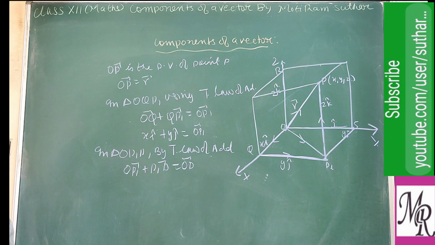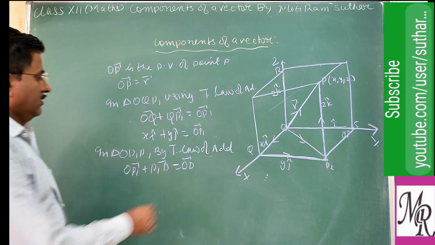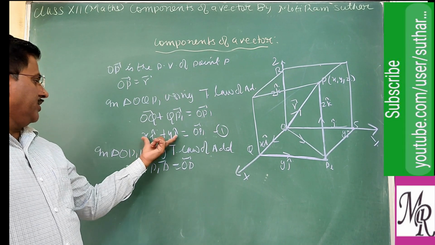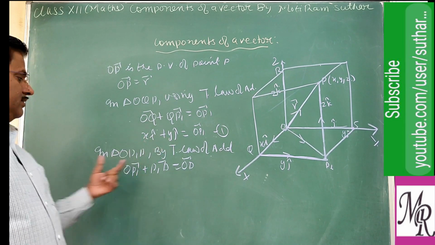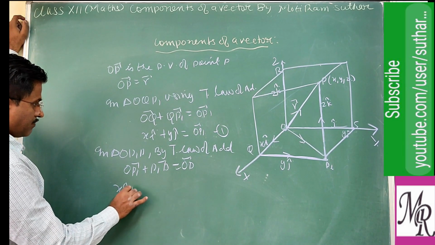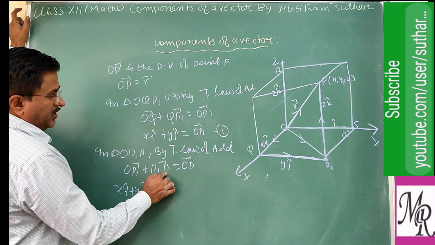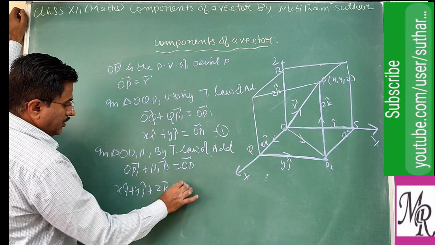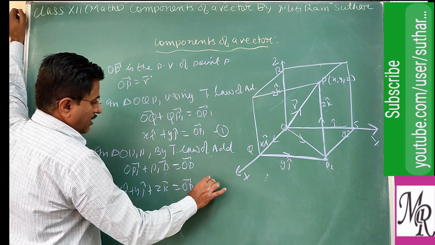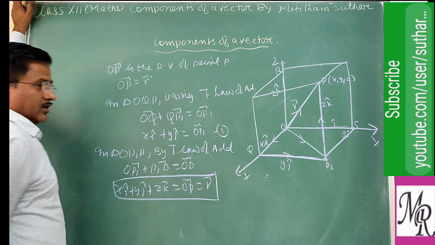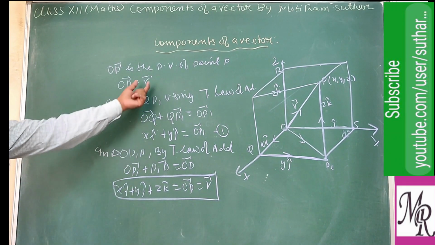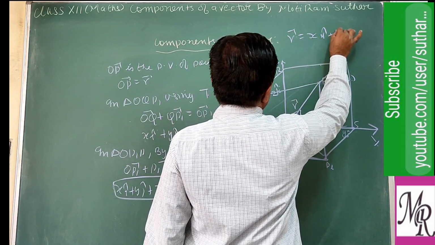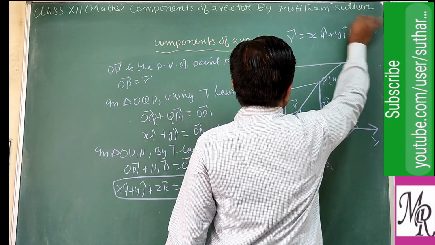Clear? Now you put the values from before. OP1 can be written as x i cap plus y j cap. Now P1P is given by vector z k, and the sum is OP. What is OP? It is vector r. So this is very important. What we get is vector r can be written as x i cap plus y j cap plus z k cap.